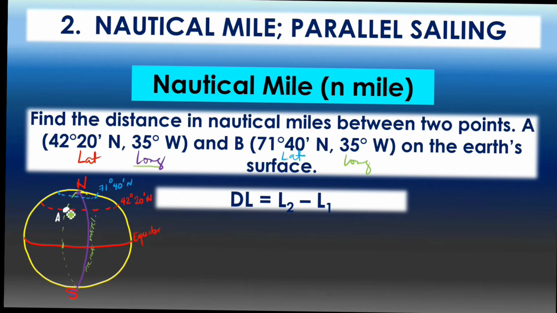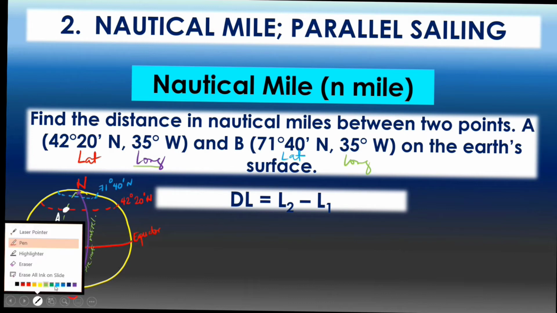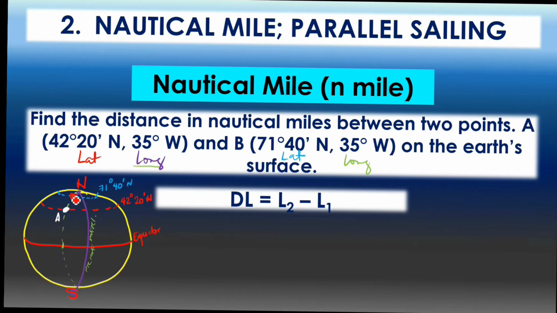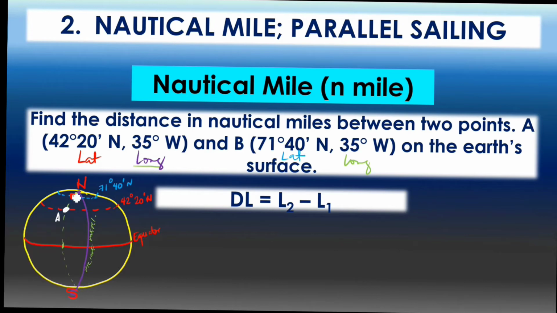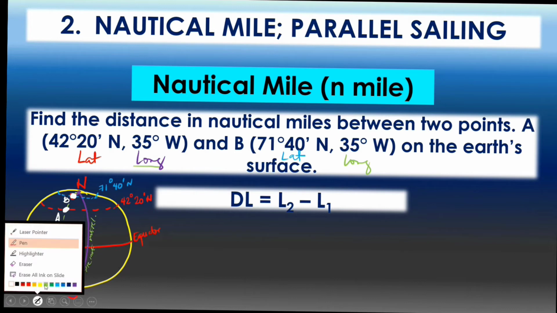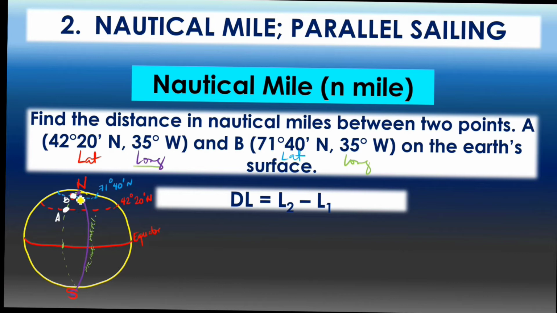So towards the west, measuring at 35 degrees. So we have these 2 points, okay? This is the point of intersection of the latitude and longitude, and this is point B. So if you try to notice, the 2 points do have the same longitude.